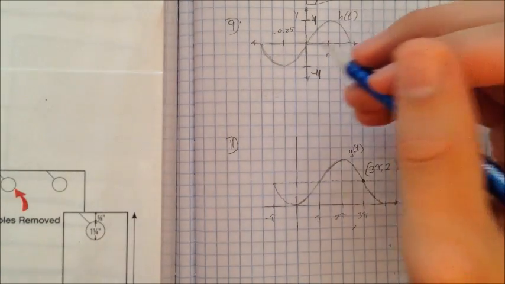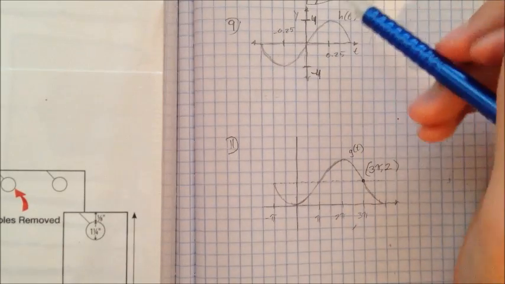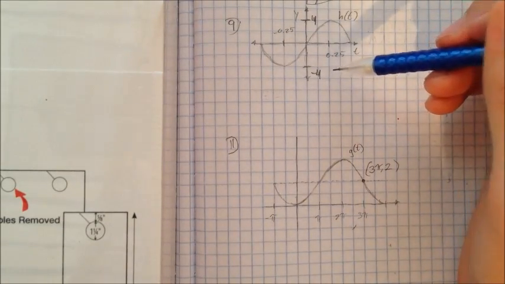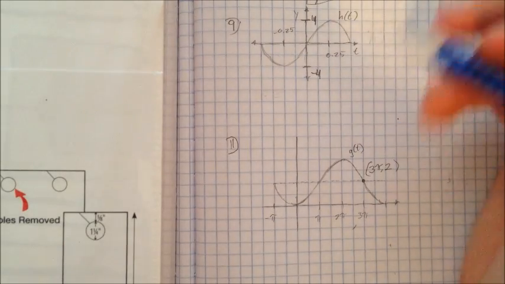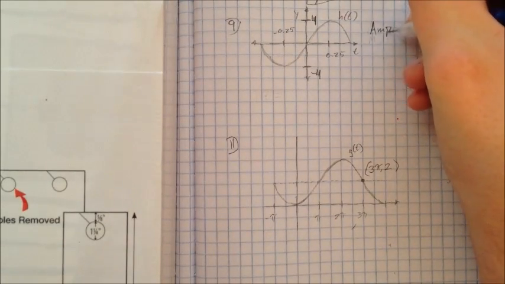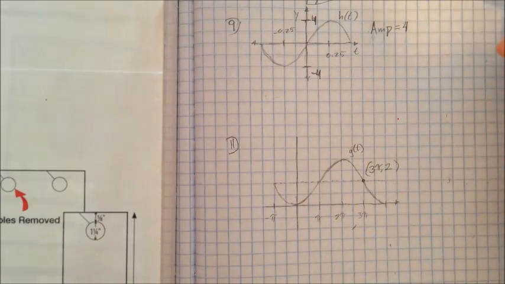So we know that if we take 4 plus the absolute value of -4 equals 8, divide that by 2, and it gives us our amplitude. So our amplitude is going to be equal to 4 units.